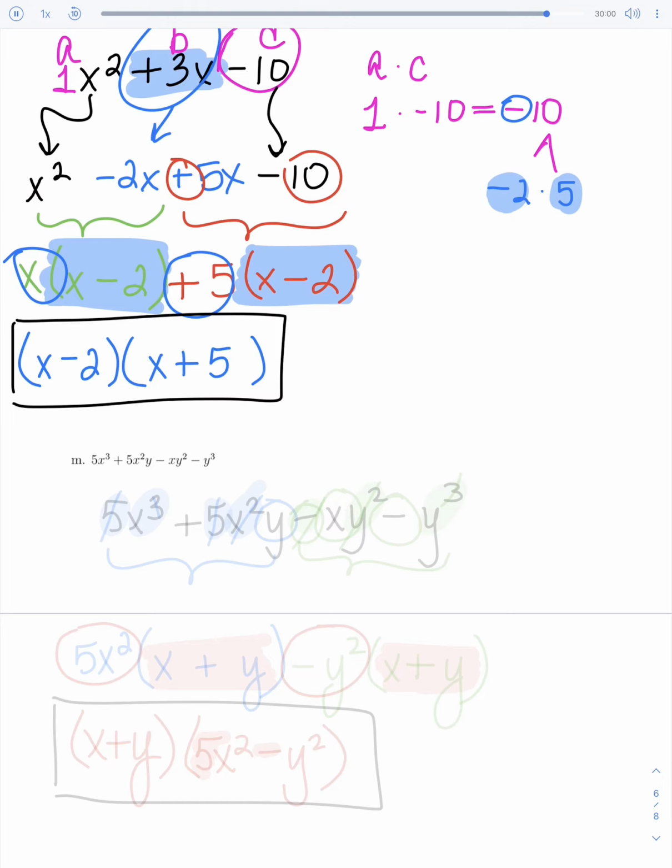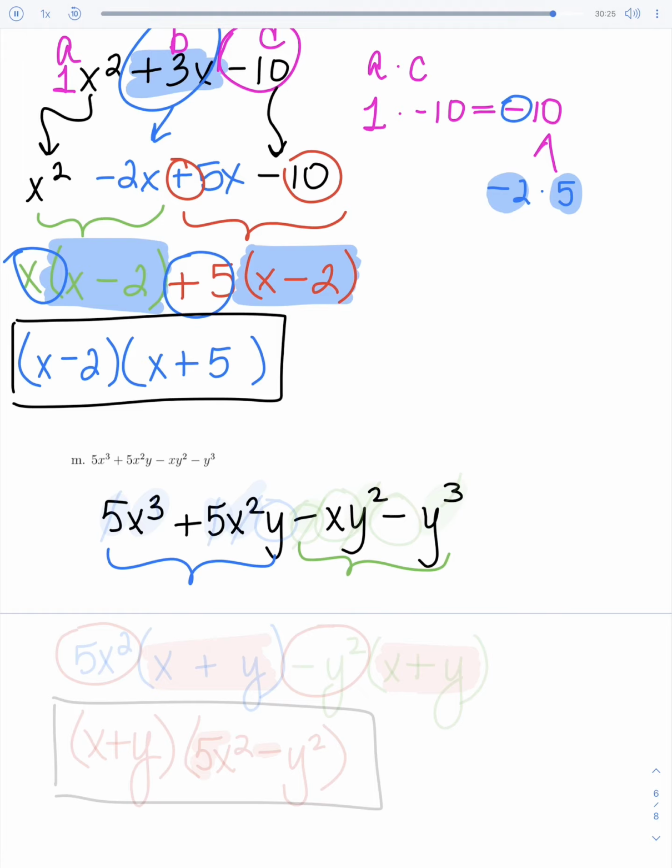Last problem here. In this last problem, we have a 5x cubed plus a 5x squared y minus xy squared minus y cubed. We have 4 terms. Nothing's in common between all 4 terms, so I need to group the first 2 and group the second 2. So the question becomes, what do the first 2 have in common?